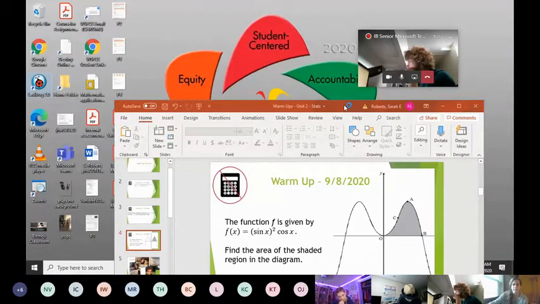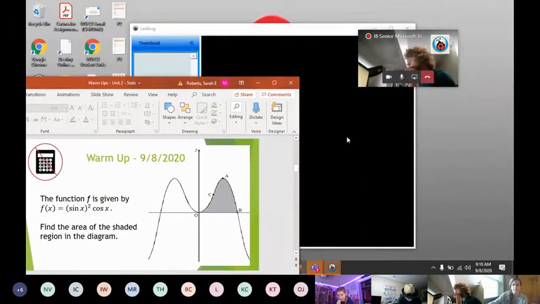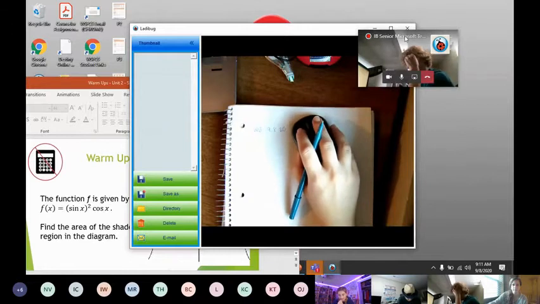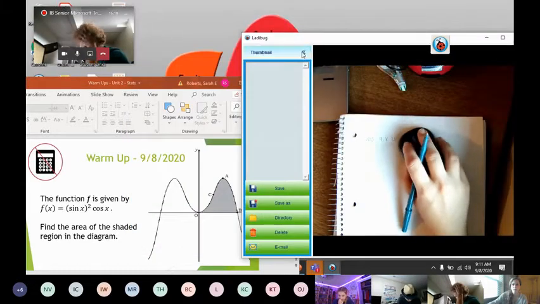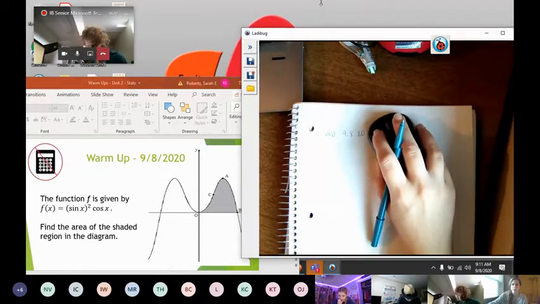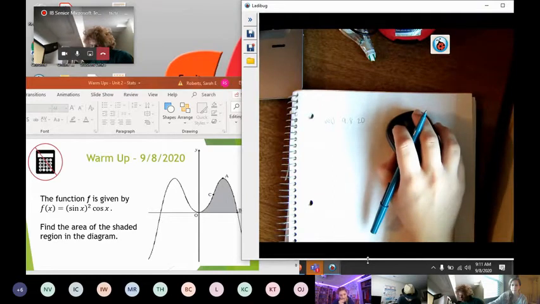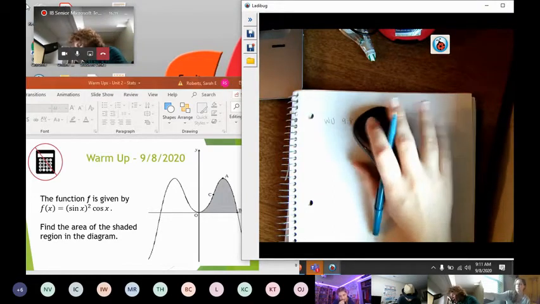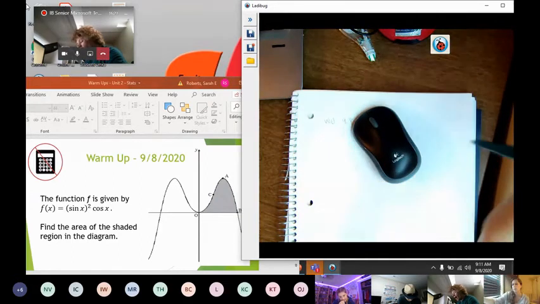Okay. Reorganize everything. Okay, so this is pretty bright. Make it a little darker. How did that make it worse?